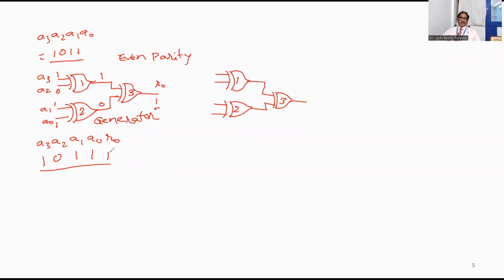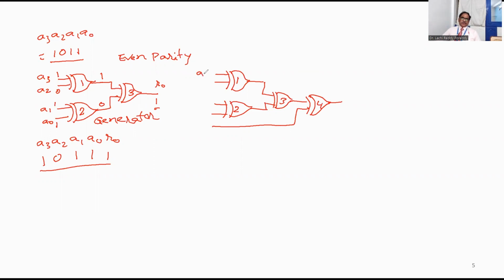We'll try again this particular one. And we are going to have one more XOR gate at the checker point. We have one XOR gate extra. This is the fourth gate.